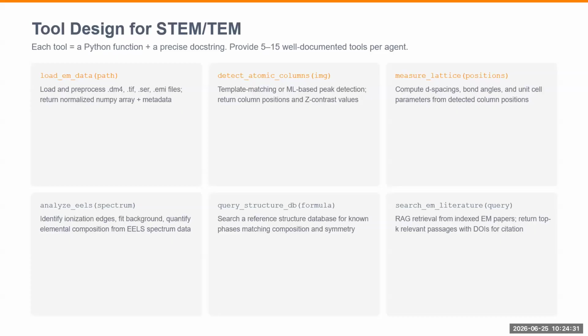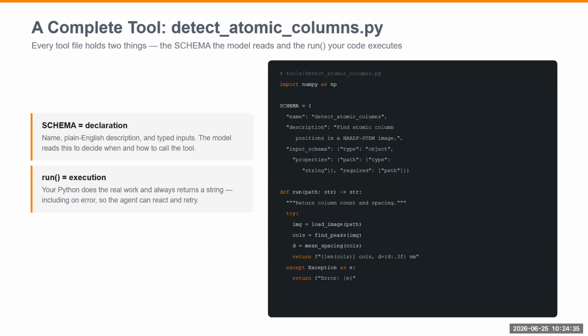By well-documented, I mean that you need to have some type of schema, a declaration where you explain this information to the agent: what is this tool doing, what the input schema is supposed to be, what the properties are supposed to be, what the output should be, and then how to run this tool.